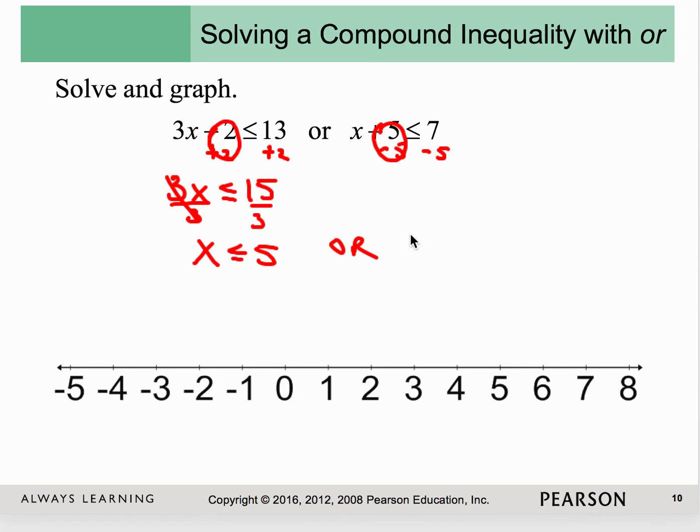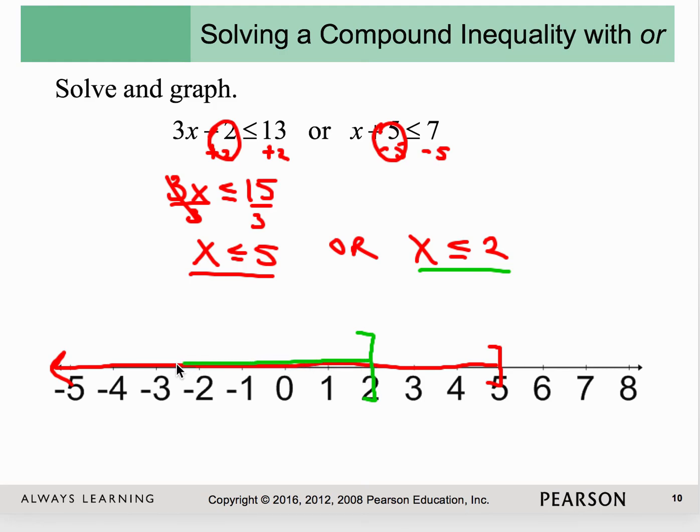Or x is less than or equal to 2. Okay, less than or equal to 5. Here's the 5. The arrow's facing this direction. Less than or equal to 2. Here's the 2. Again with the arrow facing this direction.